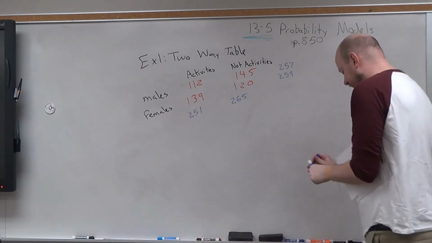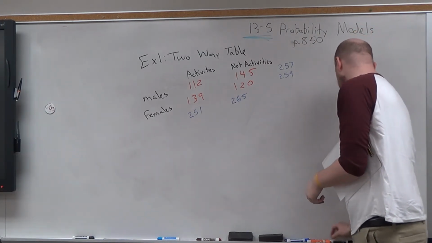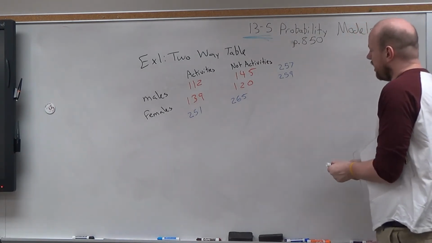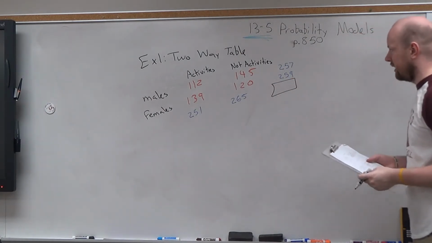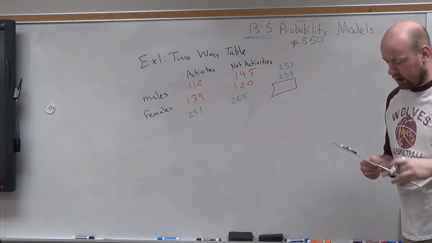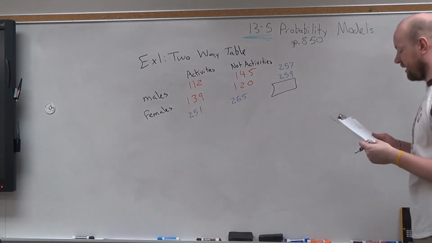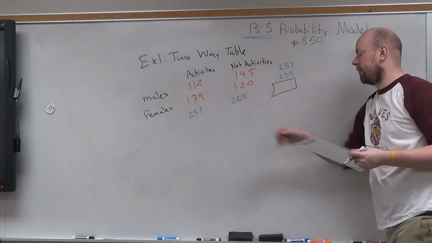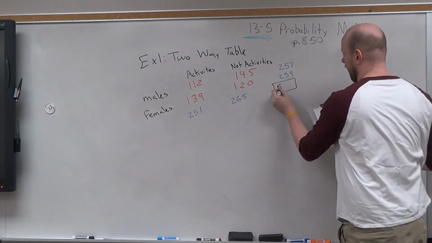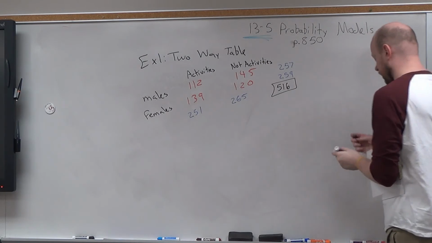Oh, and then typically you'll see one more little category down here, one more little box. What do you think that is? The overall total. And the crazy thing is, these numbers should match up, and we actually get 516 total.